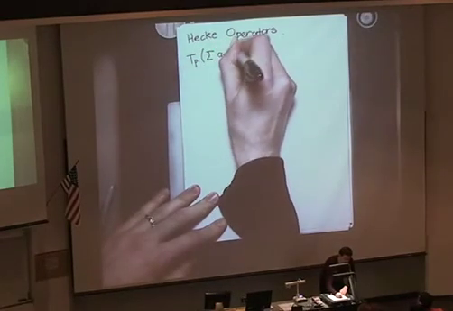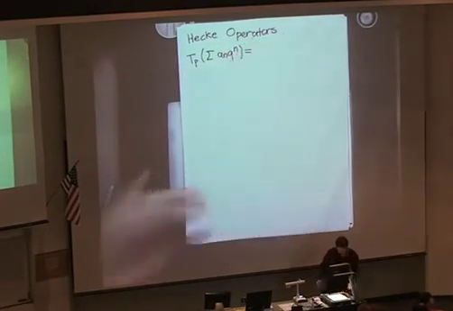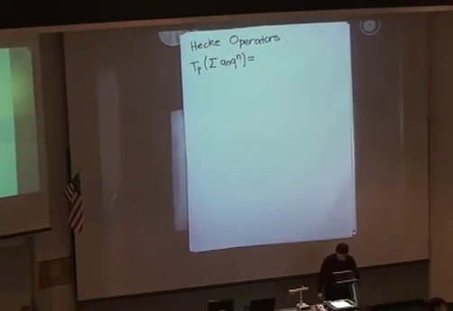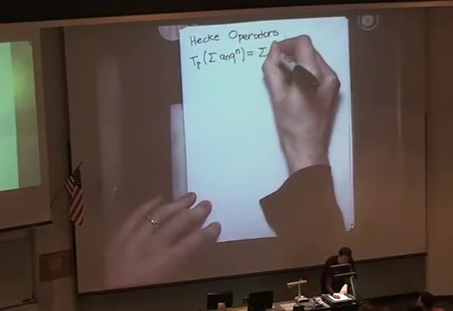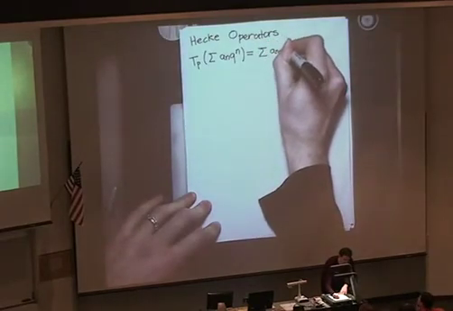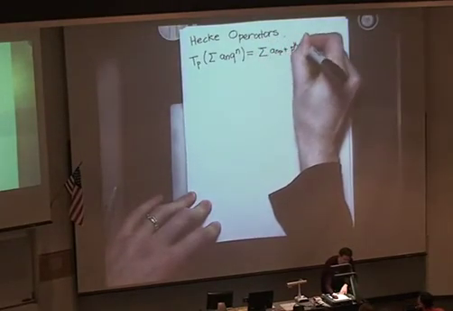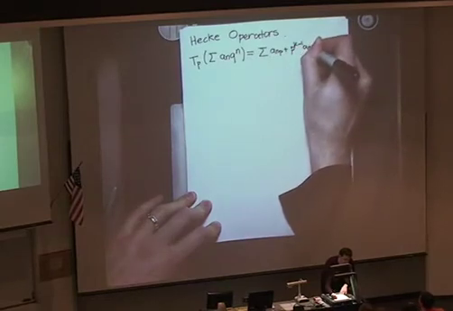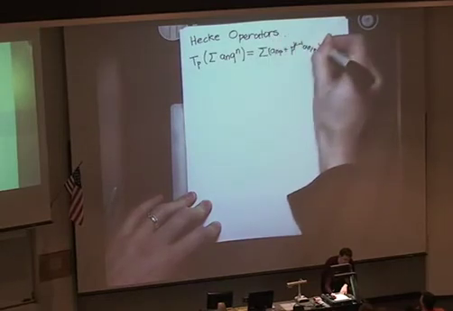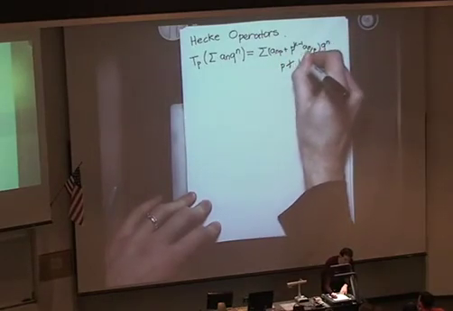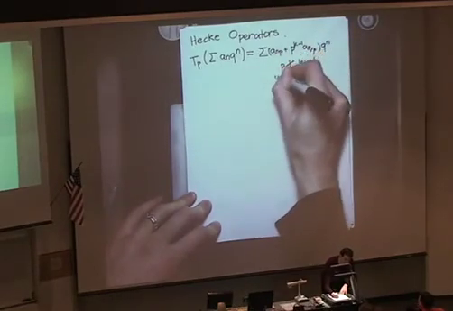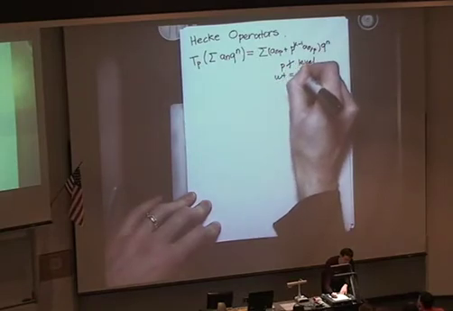And it has a familiar form, namely T_p applied to a q-expansion is equal to the following sum: a_{np} plus p^{k-1} a_{n/p}, times q^n. So here, this is if p does not divide the level, and of course the weight is equal to k.